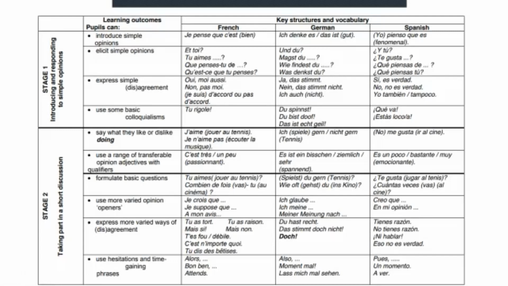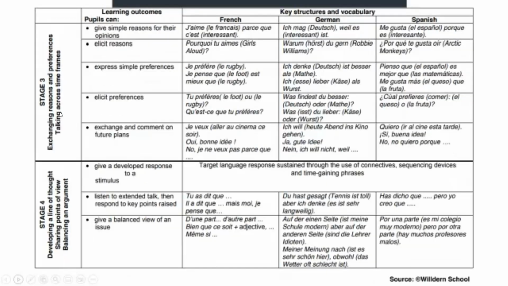And as you can see here, although sometimes we've got examples like La Musique and Ir al Cine and Das Kino, you can actually use these structures talking about any particular topic. We've got our stage 3 and then our stage 4. And stage 1 usually links well with year 7, stage 2 normally with year 8, stage 3, year 9, possibly into year 10, and stage 4 at key stage 4.